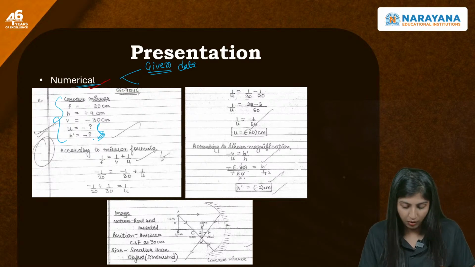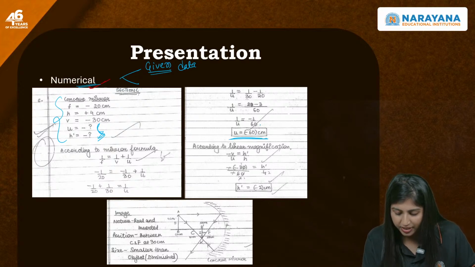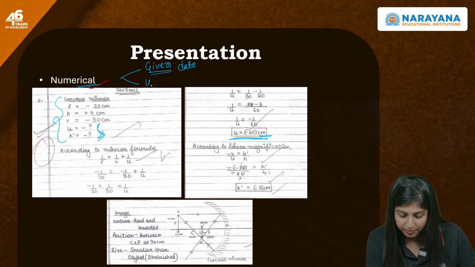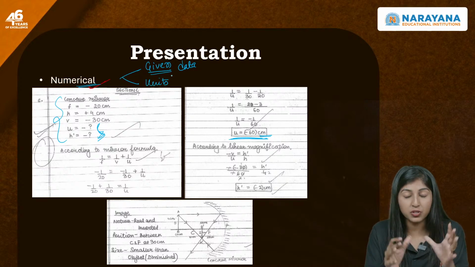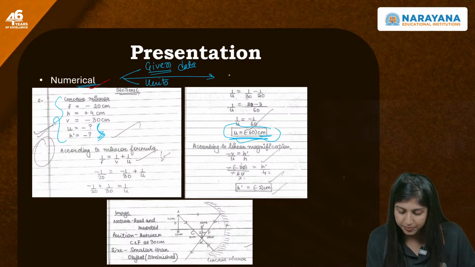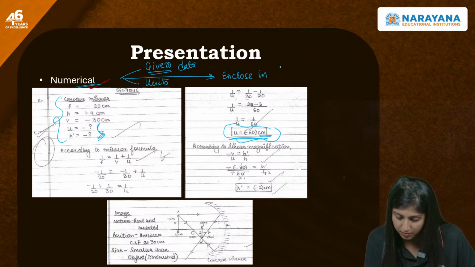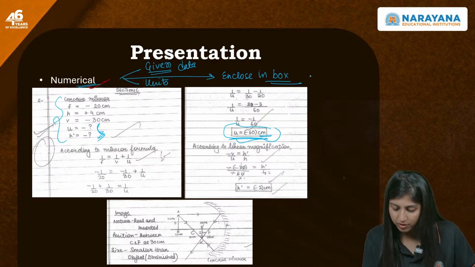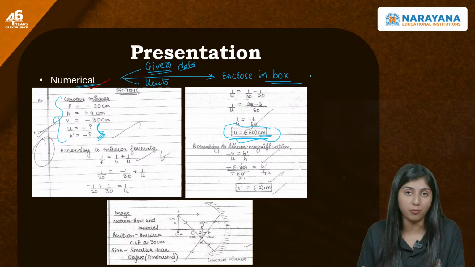Now while solving the question, she or he has taken very nice care of putting the units. The units are very important. The units have been marked properly and the answer is enclosed in a bracket or a box. So the answer should be enclosed in the box, right?